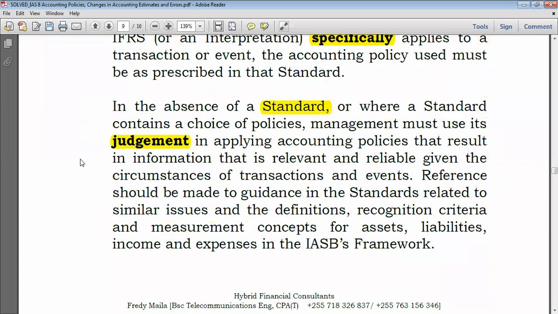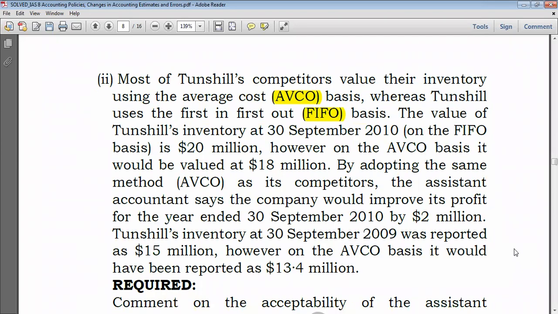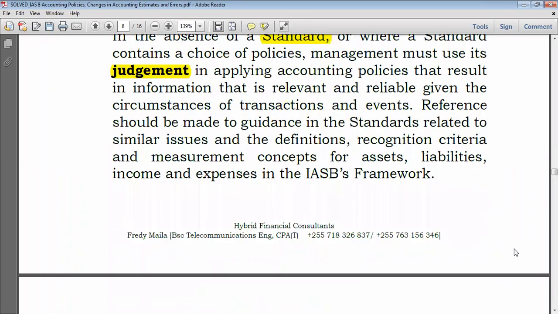For the year ended 30 September 2009, inventory was 15 million, but AVCO said it would have been 13.4. So under AVCO it was 13.4. That means our inventory would have to be reduced by the difference of 15 minus 13.4, which is 1.6.